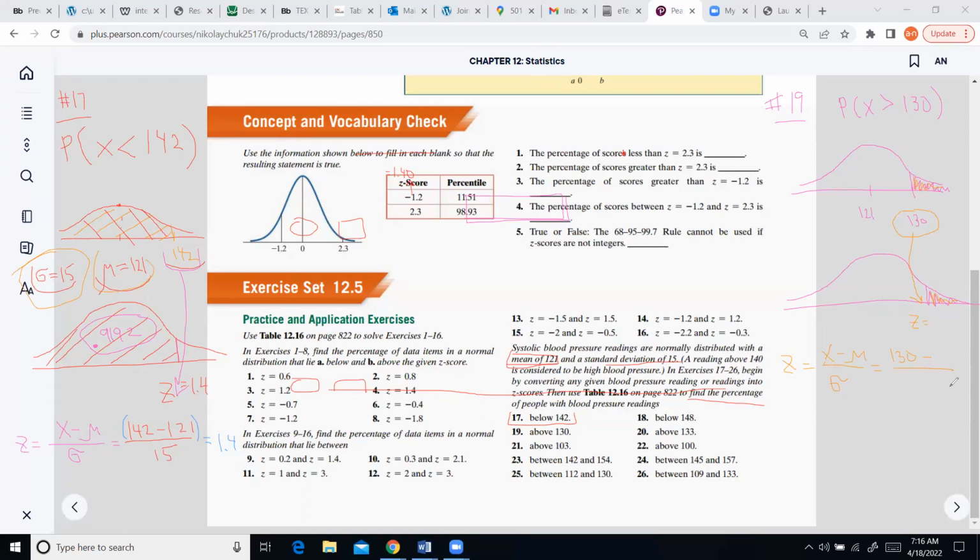So I subtract 121, divide this by number 15, and I should not forget about this little parentheses around my numerator, right? So make sure I do this right when I put in the calculator.